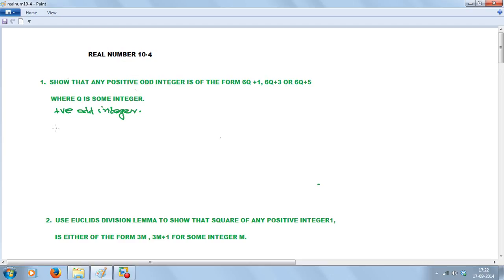So as per Euclid's theory, a is equal to bq plus r, where r is less than b. Now let us take the first example, a is equal to 6q plus 1.